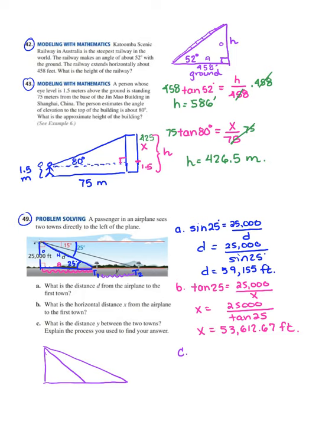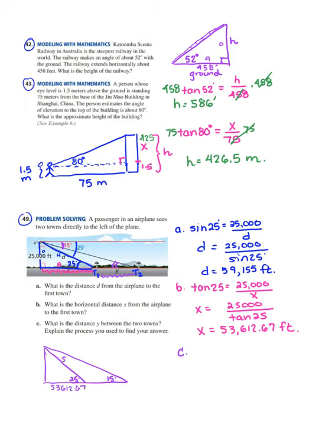That's okay. So we do know that this is 25 degrees here. We know that this is going to be 15 degrees because that angle will match that angle. And we know that this is 53,612.67.